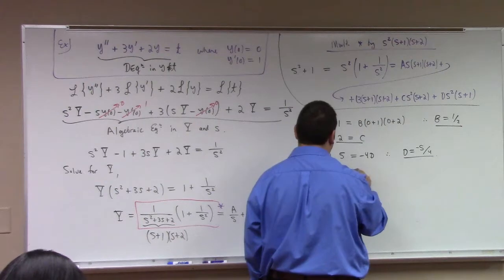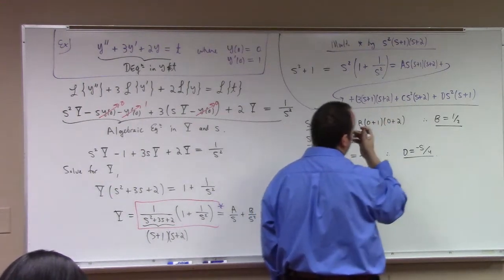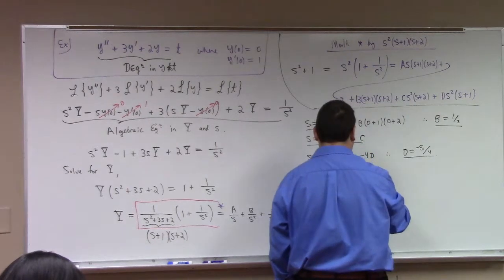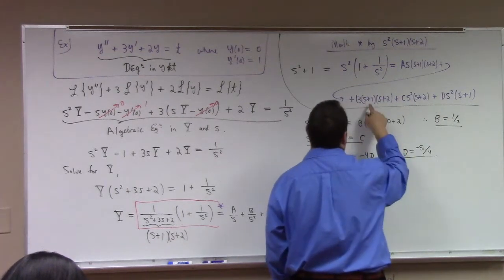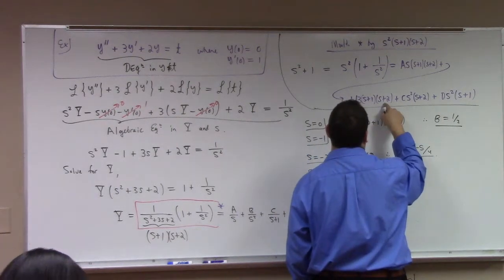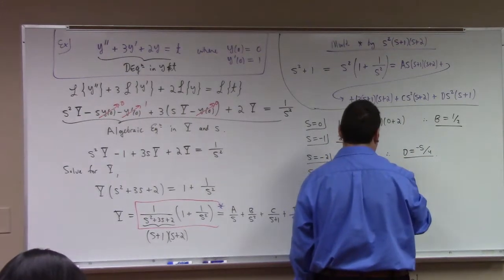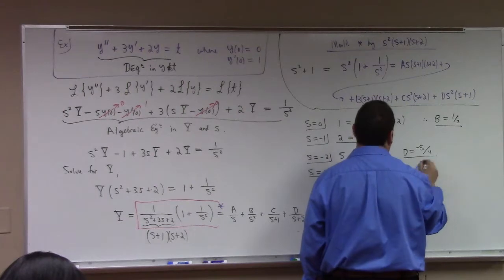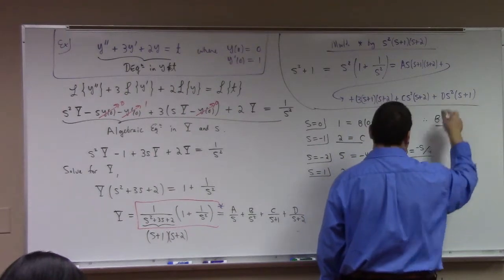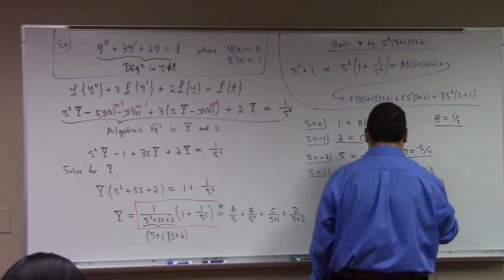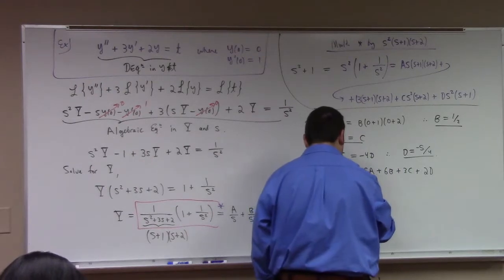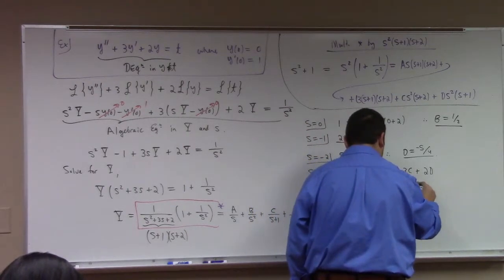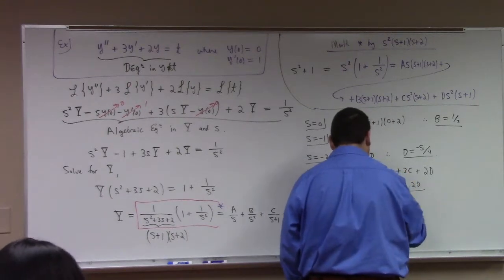Because 1 gives me 2 on the left-hand side, and over here, 1 times 2 times 3 is 6a, 2 times 3 is plus 6b, 1 times 3 is 3c, and then 2 times plus 2d. So a is apparently 2 minus 6b minus 3c minus 2d, all divided by 6.